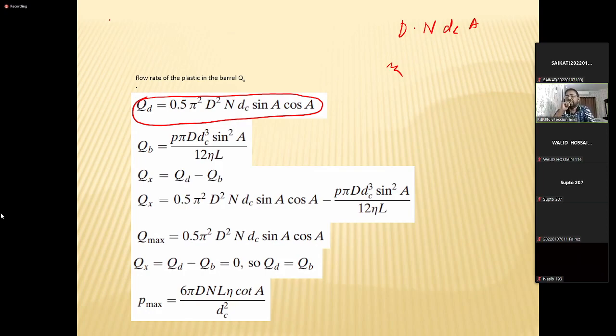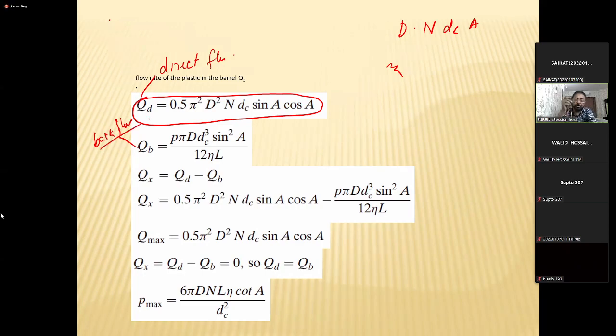For that purpose, the flow will be reduced. Conceptually, we can say that some material will come back. So this is generally called backflow. This is our direct flow, and this is our backflow.